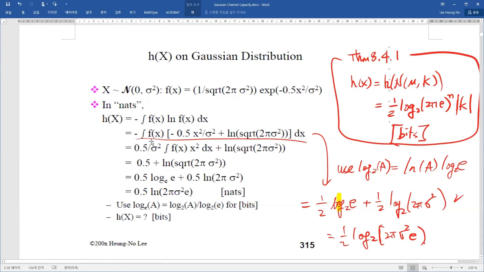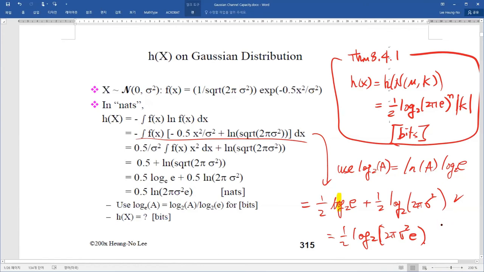We just need to follow this line right here, and then we will come up with the same result. But in this case, this has to be in bits because we have started with log base 2.